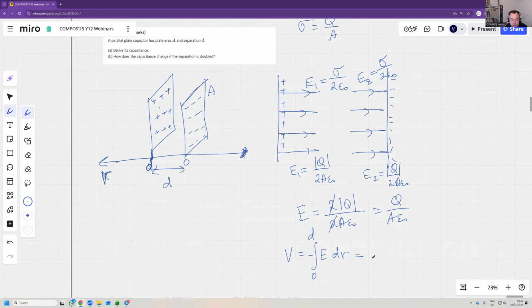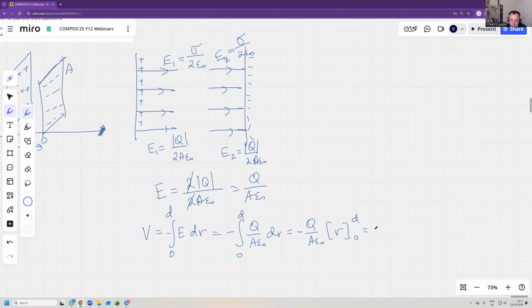And that's going to be minus the integral of Q over A epsilon naught dr from 0 to D. And that's equal to minus Q over A epsilon naught of R from 0 to D, which is minus Q over A epsilon naught D.